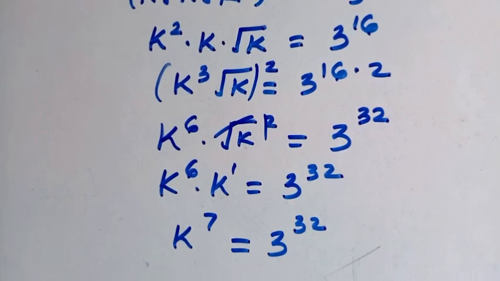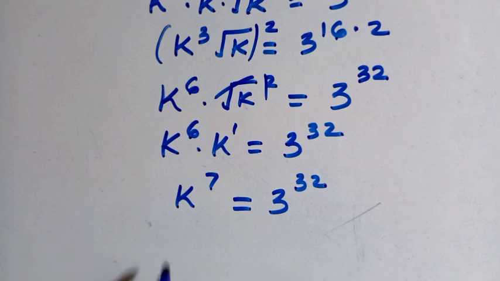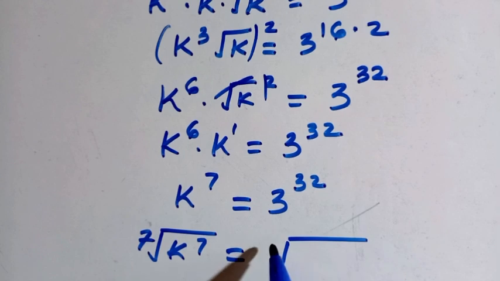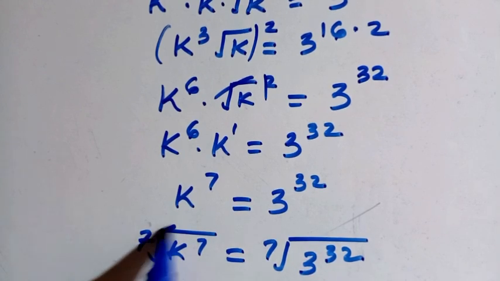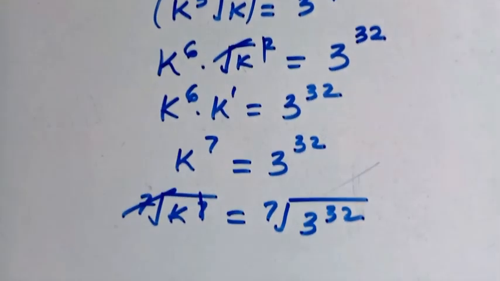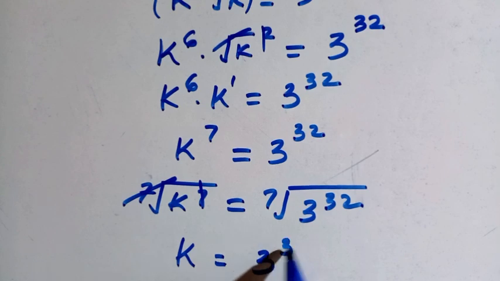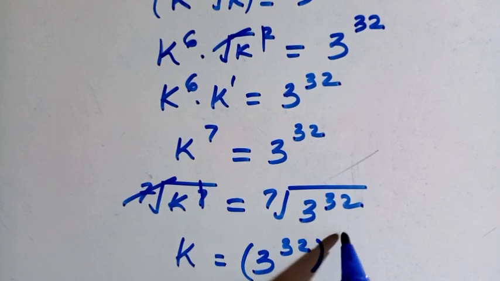And let's take the 7th root of both sides. We have this as 7th root of k raised to power 7 equals 7th root of 3 raised to power 32. So this cancels this. Then we have k equals, so 7th root is the same thing as 3 raised to power 32 and all raised to power 1 over 7.